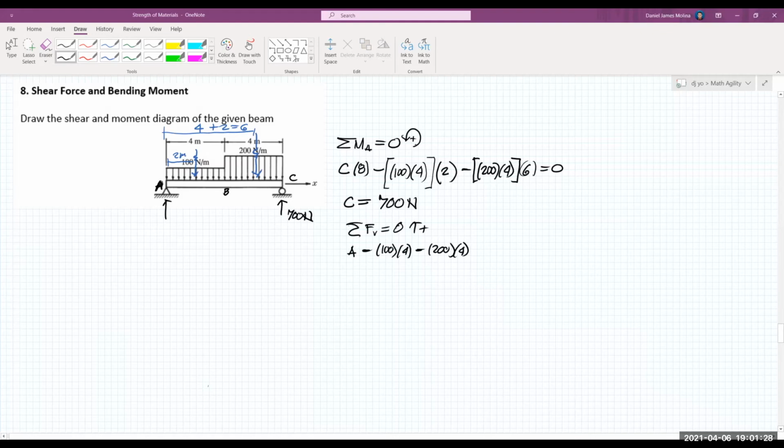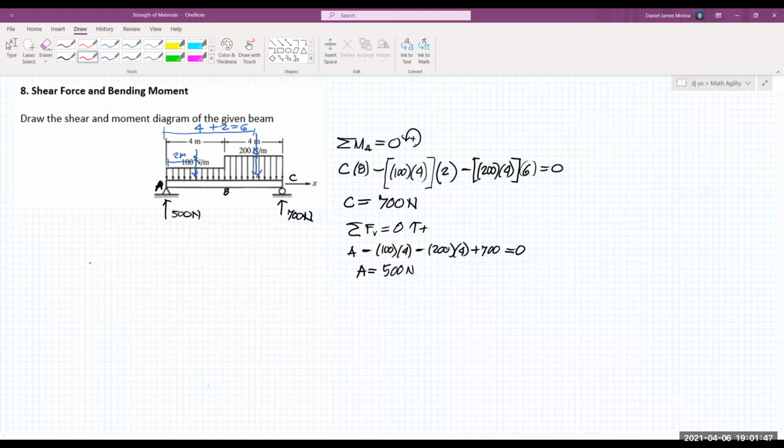And then we have the reaction at C that's upwards, so plus 700 is equal to 0. So our reaction at A is equal to 500 newtons.